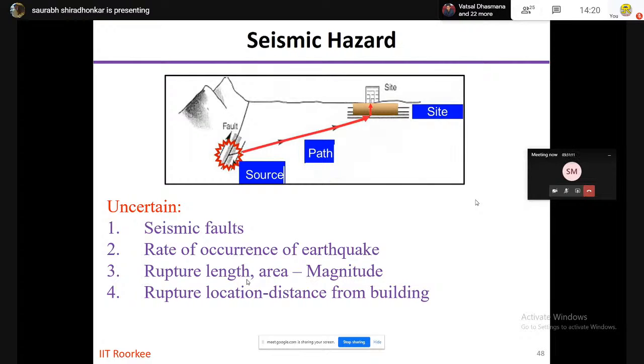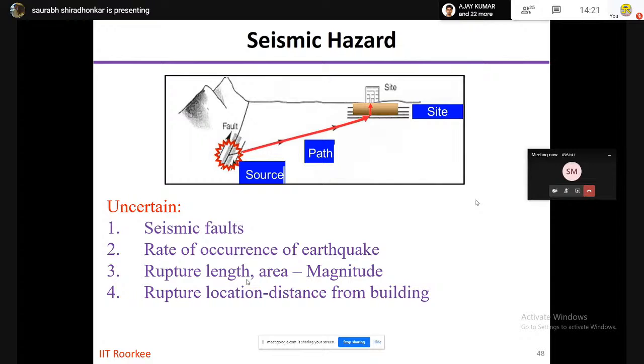Just like our modulus of elasticity, we know a certain value, and then we can say that there is a large variation. So the rate at which those faults can create a magnitude is not known. The rate at which these faults can contribute in terms of the intensity of earthquake is also not known, which is the magnitude of earthquake. So if you have a fault, let's say, in the Himalaya, and even if you know the geometry and the rate, we don't know how much magnitude earthquake it can cause.